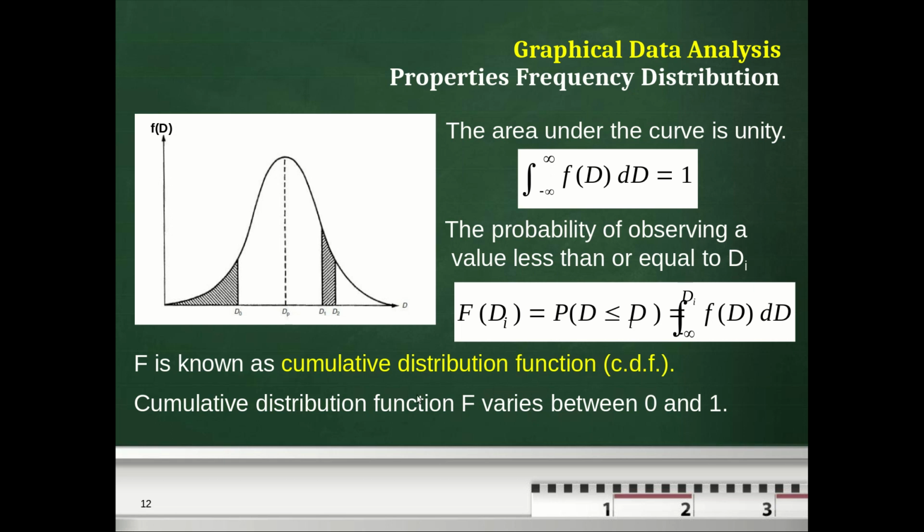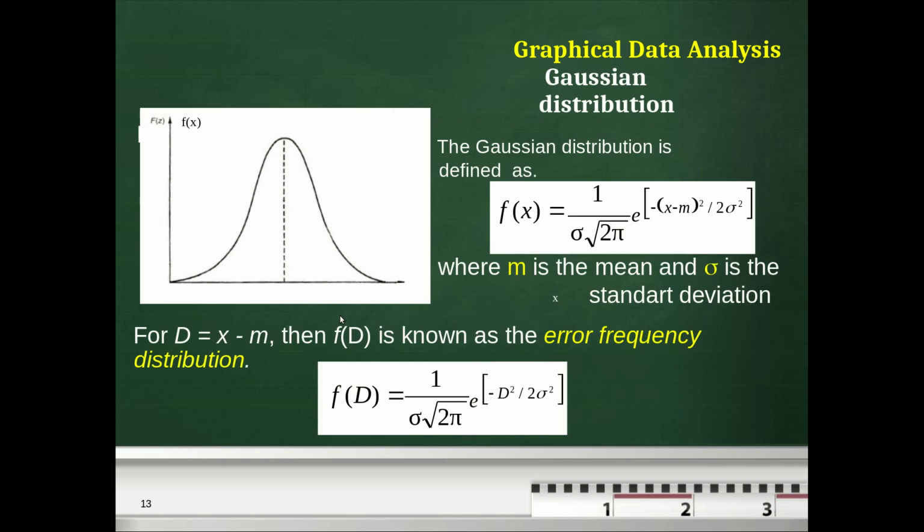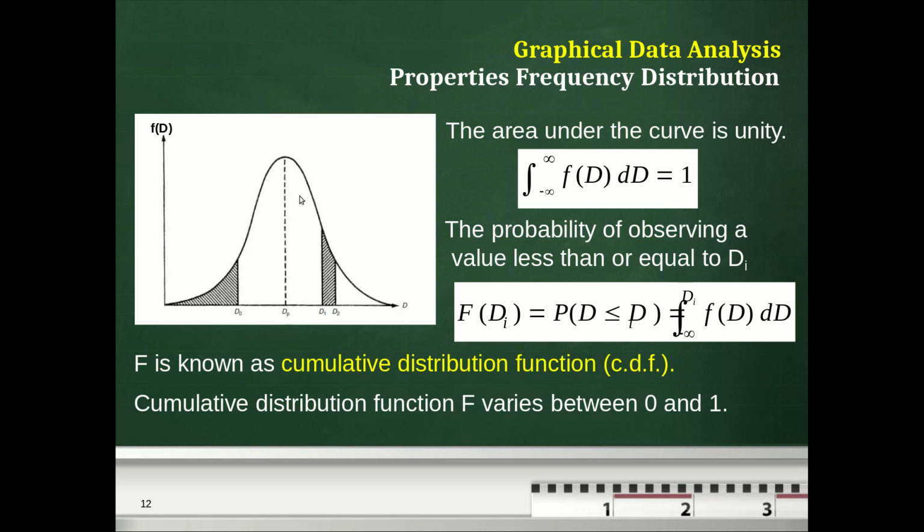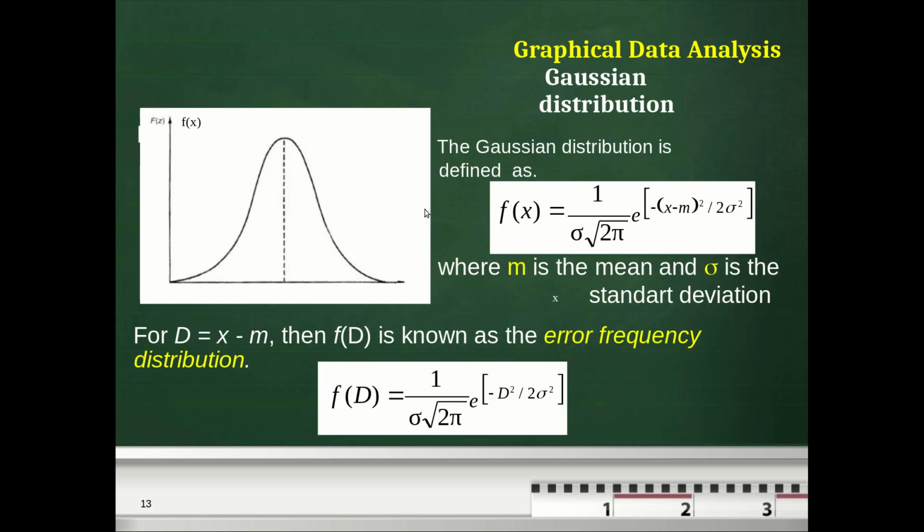This has a value from 0 to 1 when all of the area under the curve is considered from minus infinity to infinity, and less than 1 if you consider from minus infinity to d1, for example, or from d1 to d2.